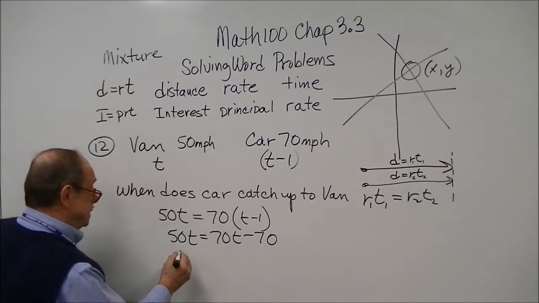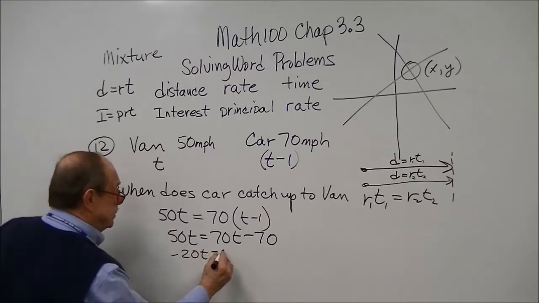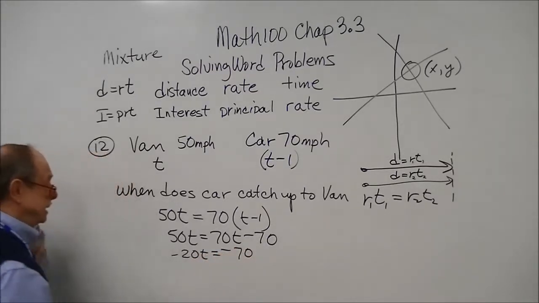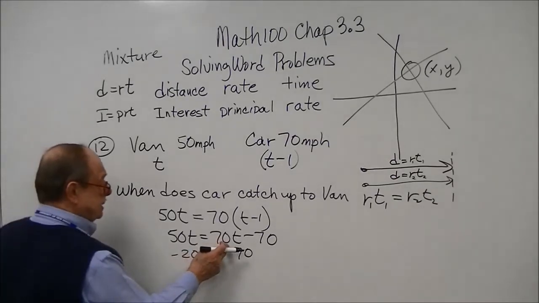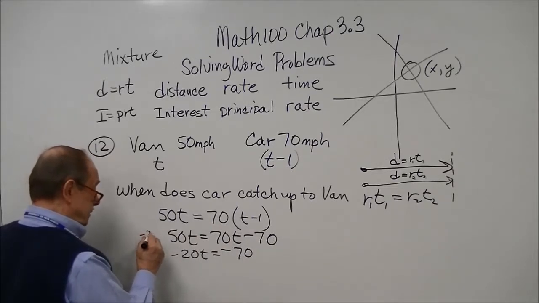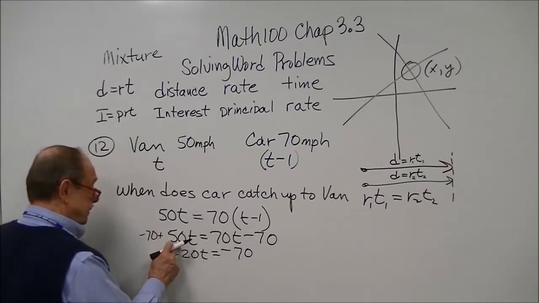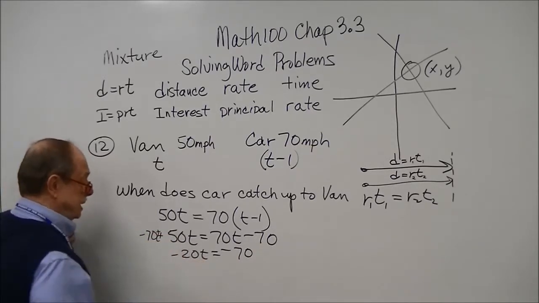And that's going to give us a negative 20t equals a negative 70. So I'm transposing the 70t to this side. It becomes a negative 70t plus 50t gives me a negative 20t.